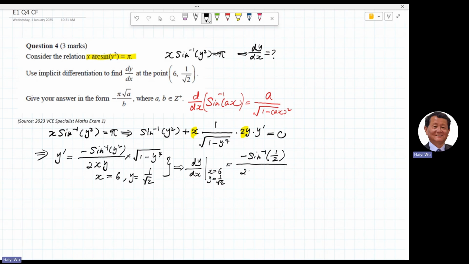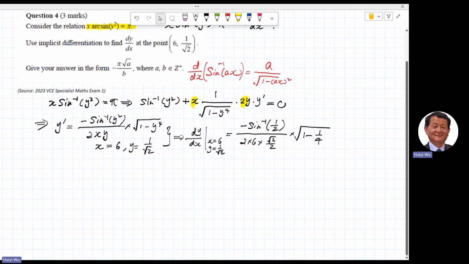Then 2 times 6 times y, which is square root 2 divided by 2, times the square root of 1 minus y to the power of 4. Y to the power of 4 becomes 1/2 squared, which is a quarter.